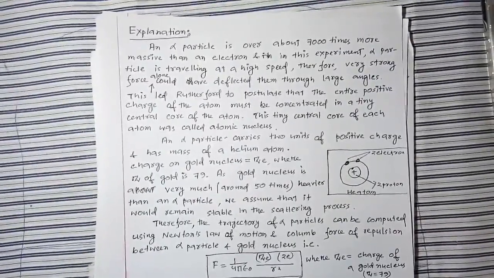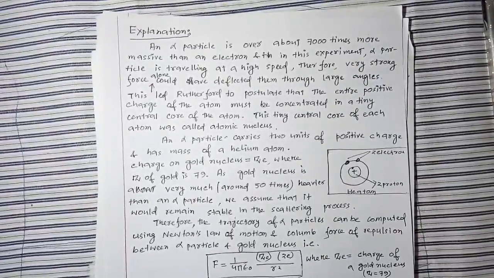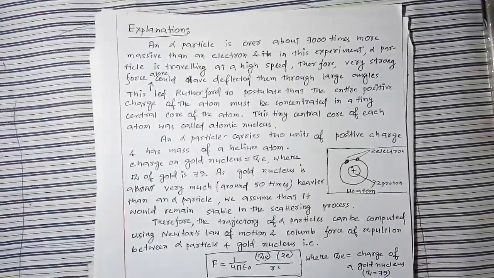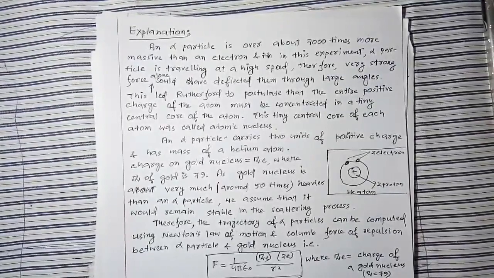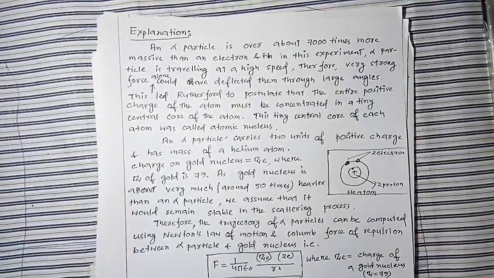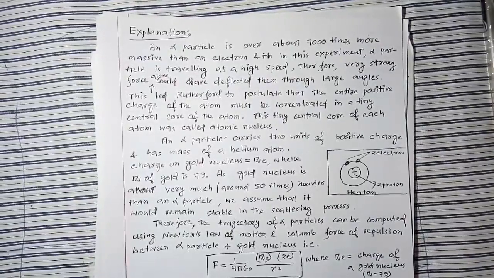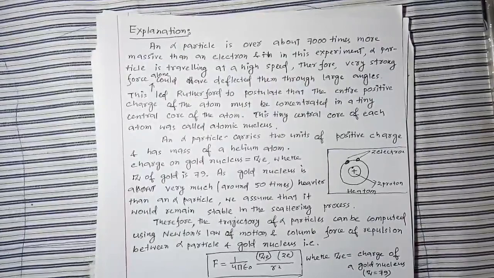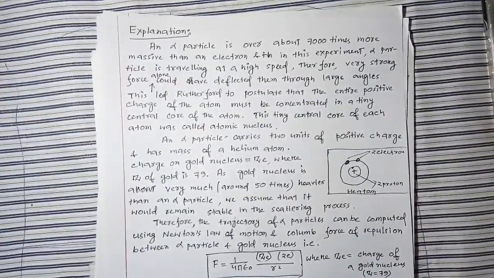Next thing, very few, 1 in around 8,000 alpha particles, are experiencing a very high angle deviation. And what I told you is that the alpha particle initially had very high velocity, right? And they are very massive compared to an electron, right?